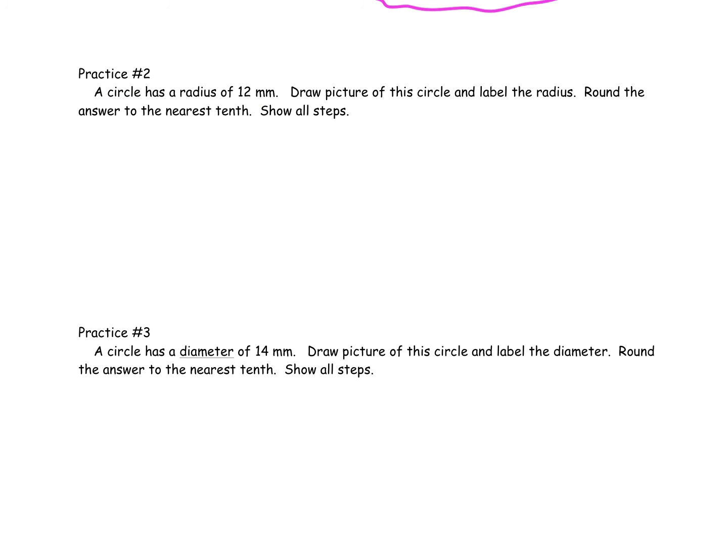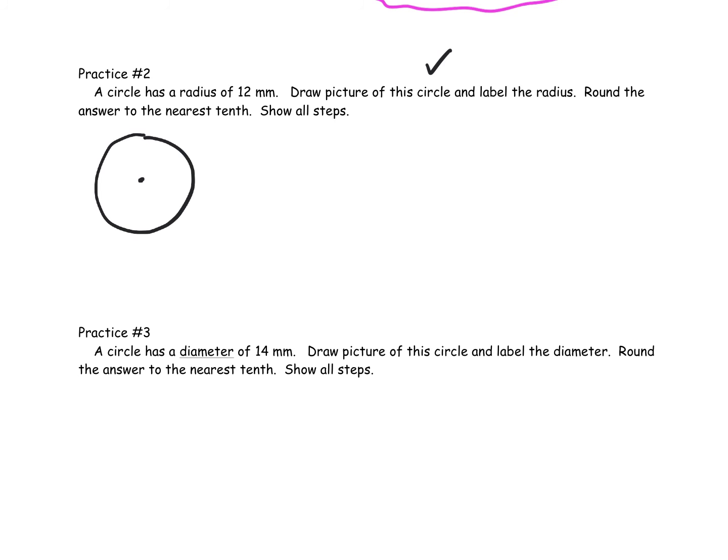Practice number 2. A circle has a radius of 12 millimeters. Draw a picture of this circle and label the radius. Round your answer to the nearest tenth and show all steps. So we're going to start by drawing a circle as requested. Then it wants us to label the radius.